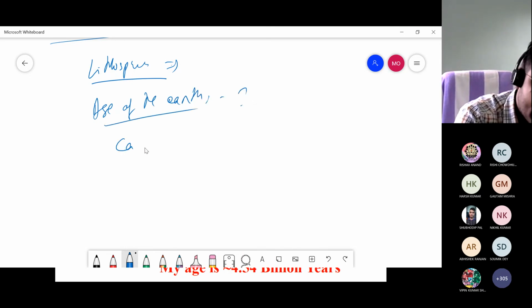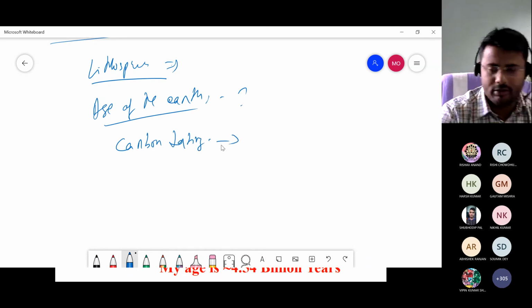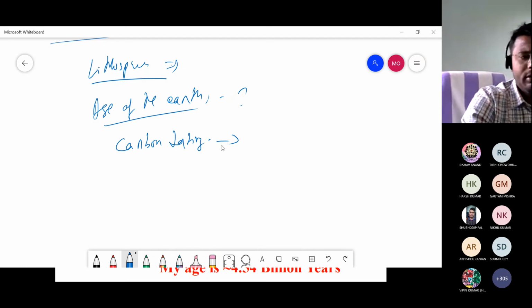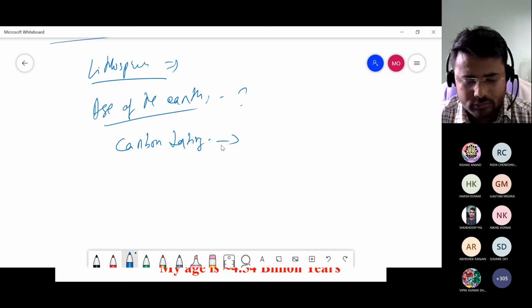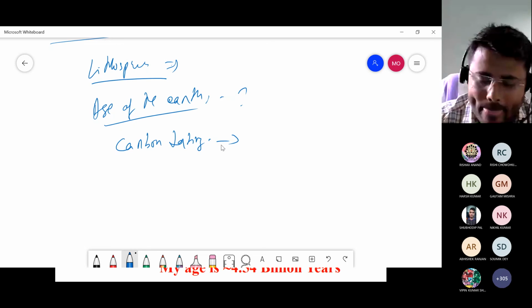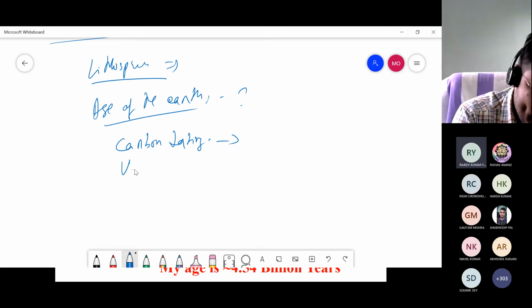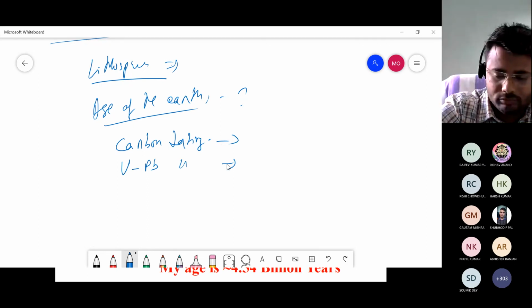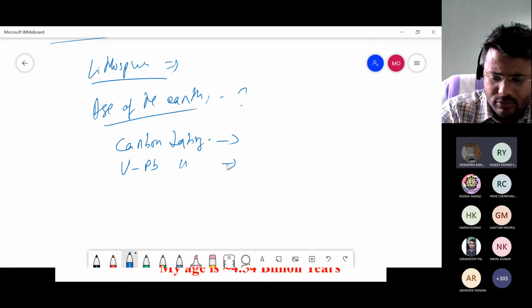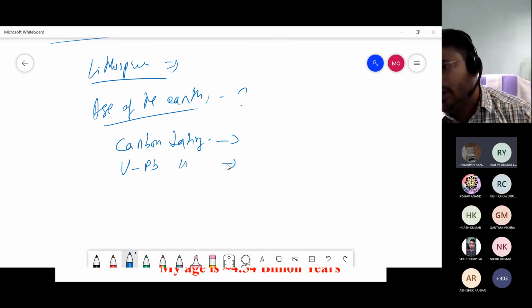Someone says carbon dating. Okay, anyone else? Sir, uranium and lead component. Uranium and lead? Radioactivity method, carbon dating.